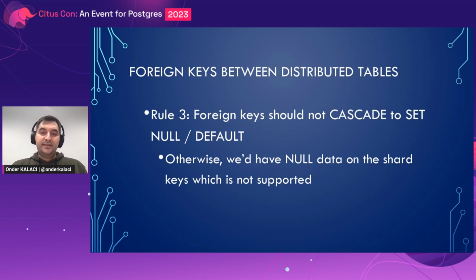So it means that if, for example, a delete cascades as null to another distributed table, then the shard key will become null. But because Citus currently does not support null distribution key values in distributed tables, we also prevent creating foreign keys that cascade to null or set default.